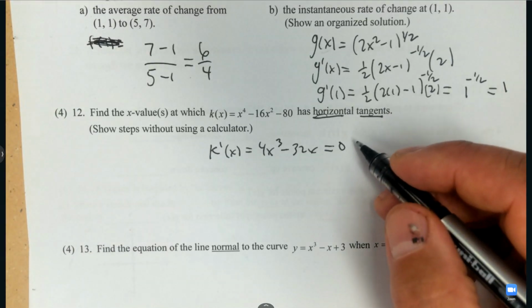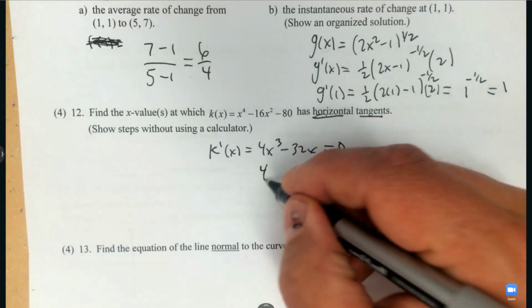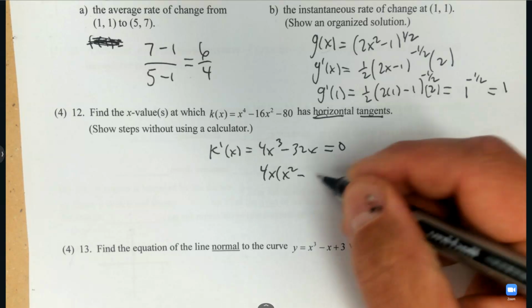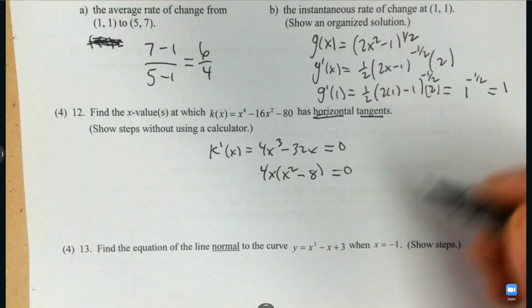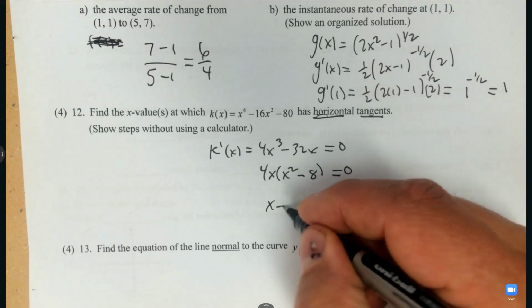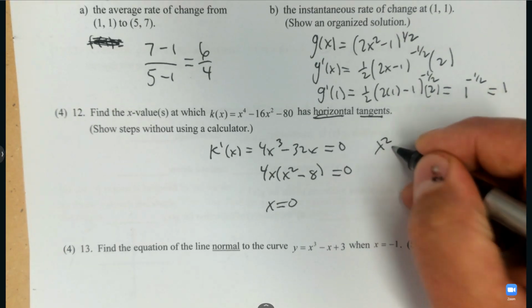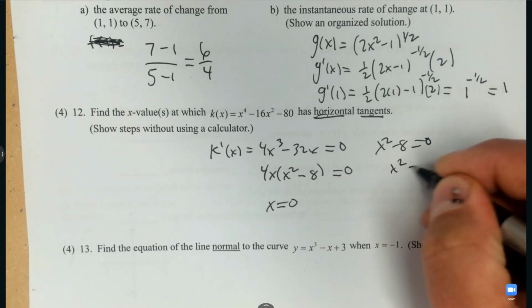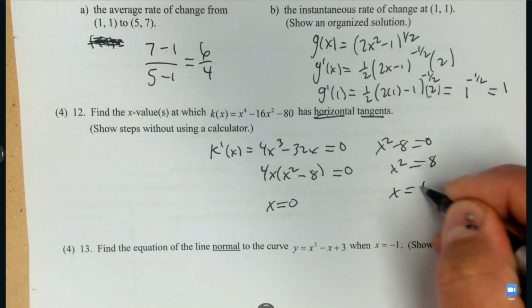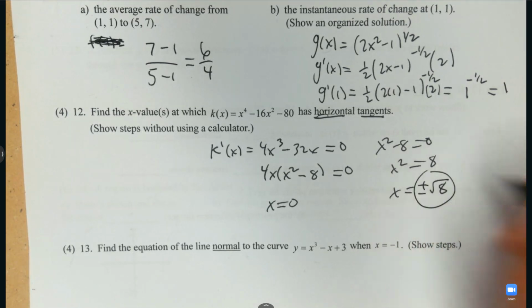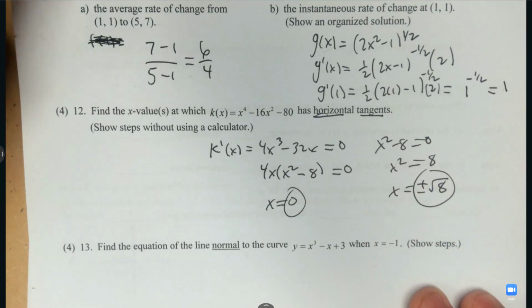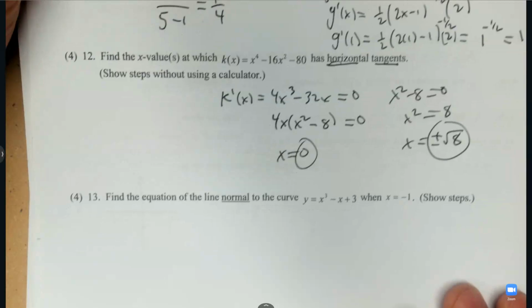That's the horizontal part. And then solve it. We can factor out a 4x, and one answer is 0. For the second one, there are answers, they're just irrational. If I make it equal to 0 and add 8, the answer is both positive and negative. You don't need to simplify it. The answers are 0 and positive and negative root 8.